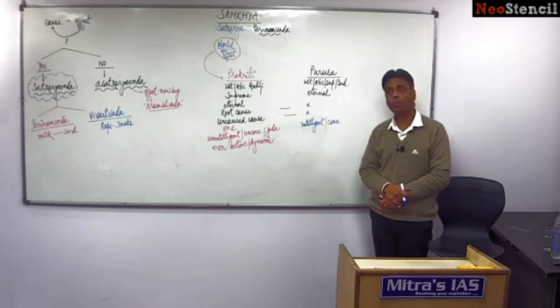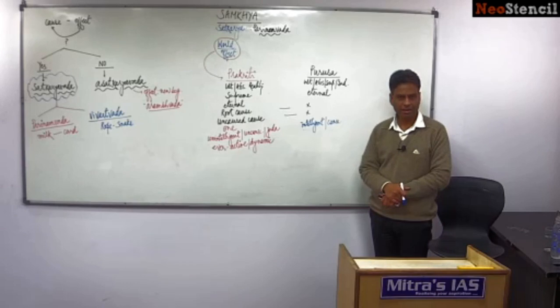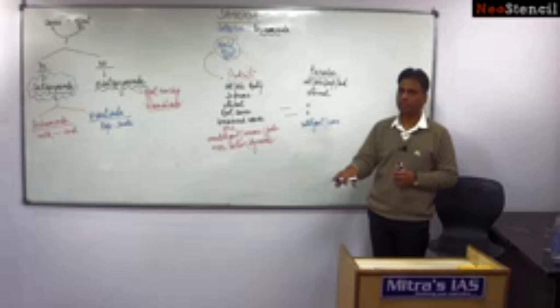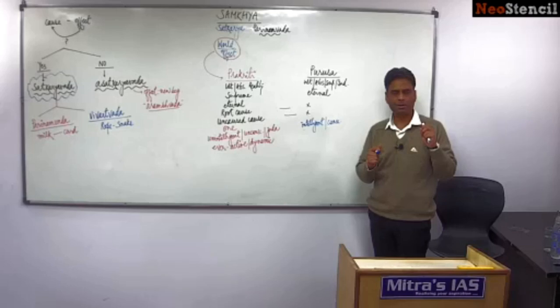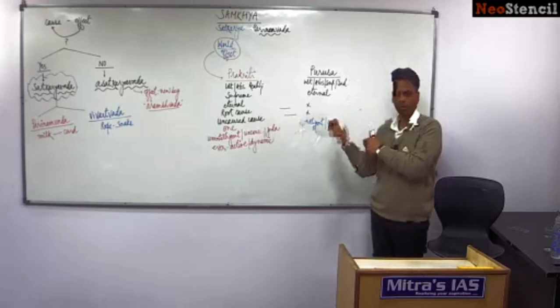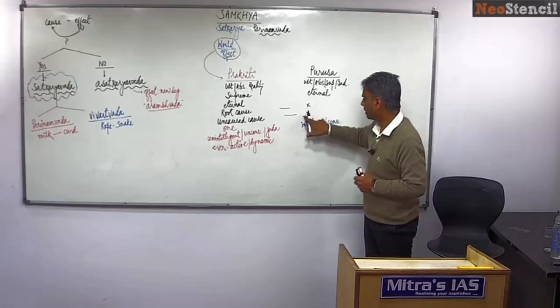Purushas are many. You have already read. Isn't it? Purush here is nothing but Jeev, or Purush is nothing but soul. And how many souls are there? Infinite, according to Samkhya also. Hence, here Prakriti is how many? One. But Purushas are many.